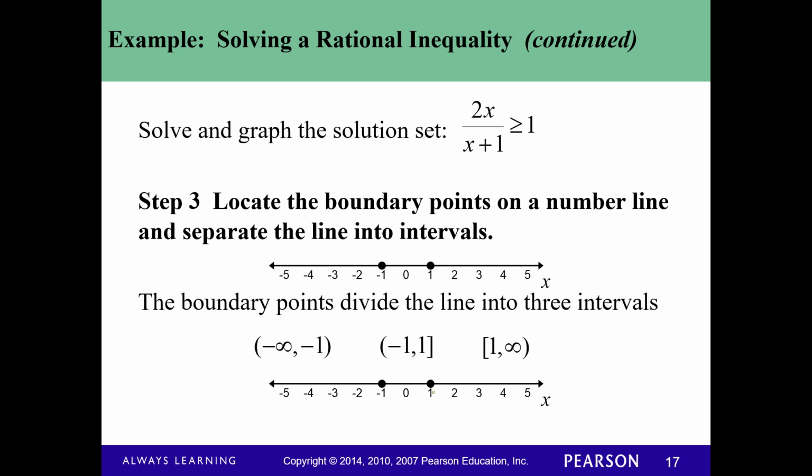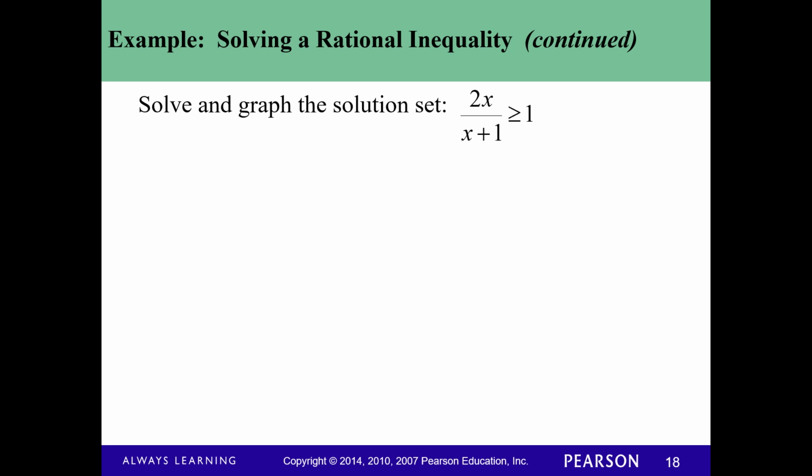But also 1 is part of the domain. x can be 1. It will make it 0, but it's part of the domain. And so what we can do is use it as well. And our other interval is from 1 to infinity. So let's create some test points now.